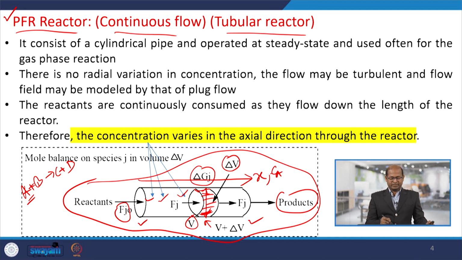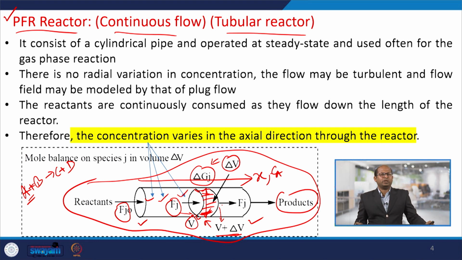At this particular point, Fj is the molar flow rate of reactant entering, and at this point we express it at V plus delta V, where delta V is the very small change of volume from this position to this position.